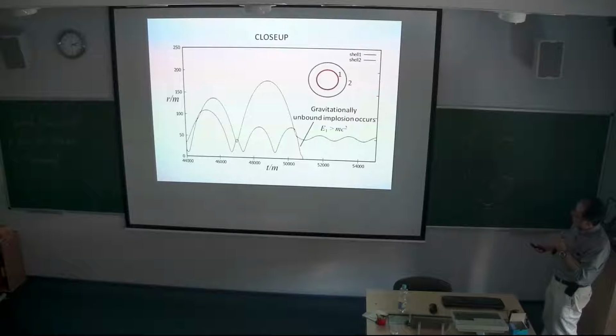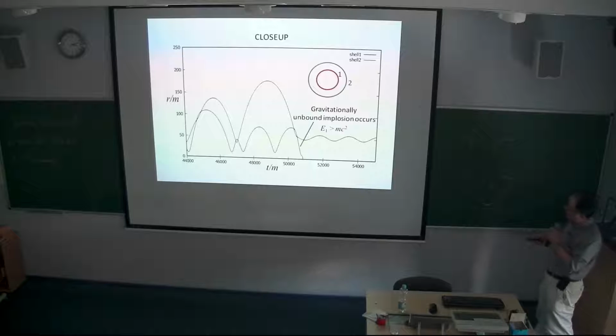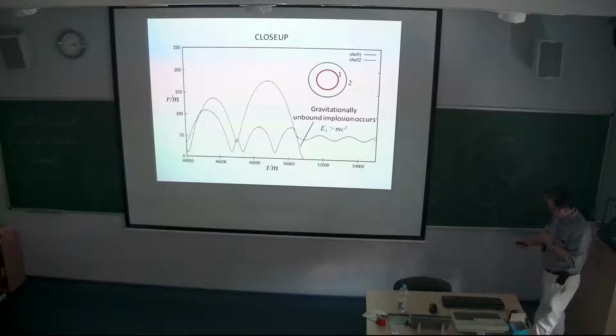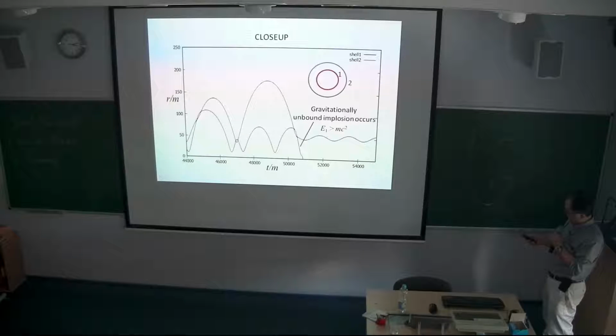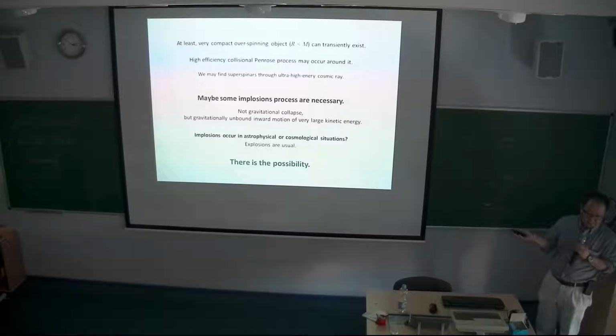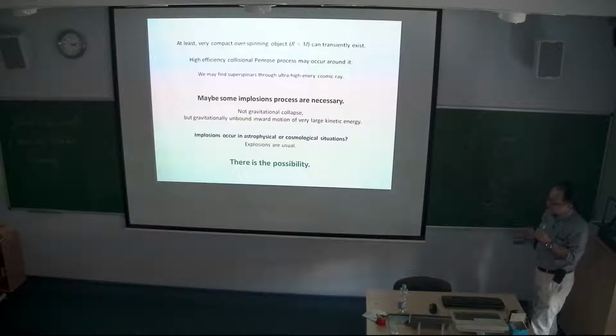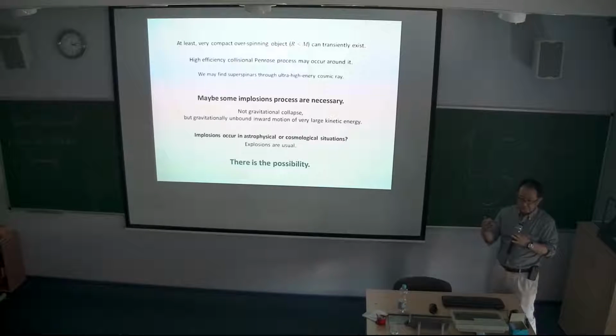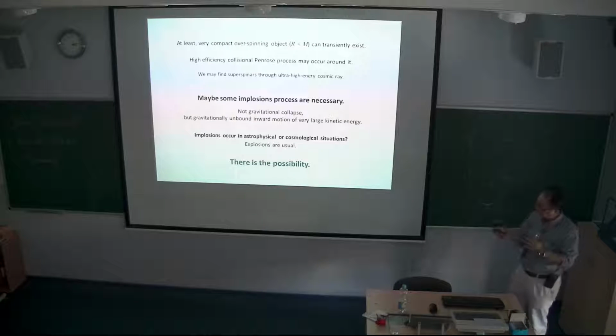Shell 1 and shell 2 cross each other at this point. But in the relativistic case, the efficiency of energy exchange is very high, and so gravitationally unbound implosion occurs. The energy of shell 1 satisfies this condition, a gravitationally unbound kinetic-energy-dominant collapse. At this point, highly efficient energy exchange occurs. From this example, gravitationally unbound implosion shows the possibility that, even in astrophysical situations, this condition can be met through a kinetic-energy-dominant implosion.